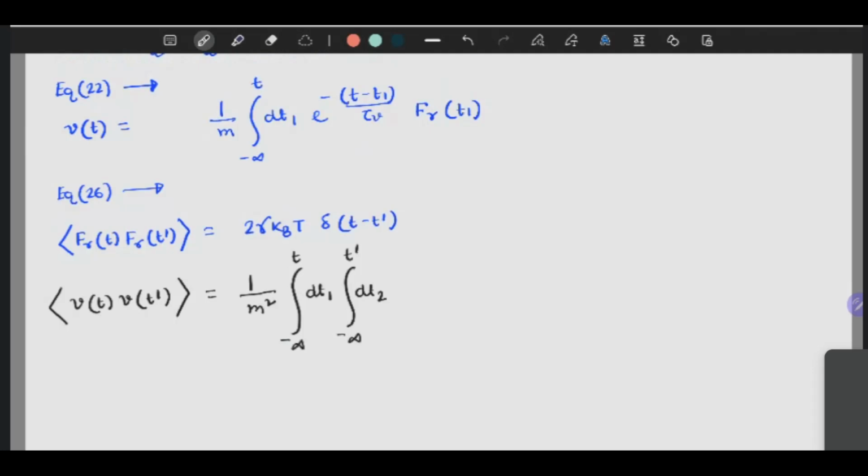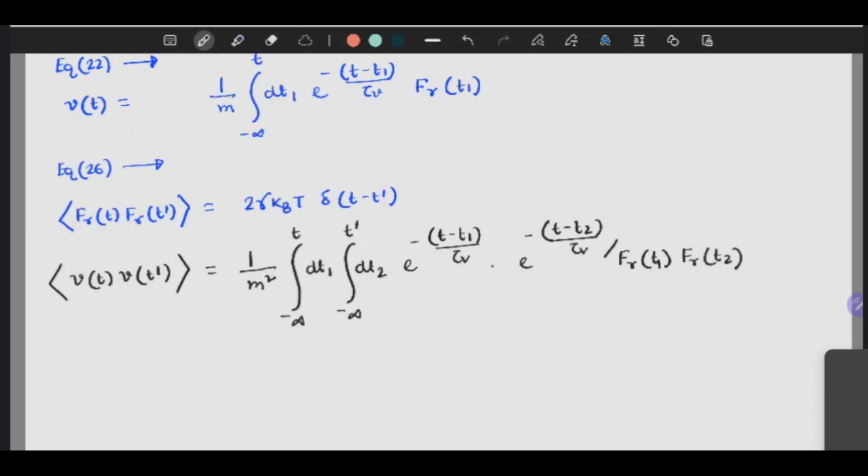Now for the first term this was e to the power minus (t minus t1) by tau_v, times e to the power minus (t' minus t2) by tau_v, and this is F_R(t1), and this is F_R(t2), and there will be the average.